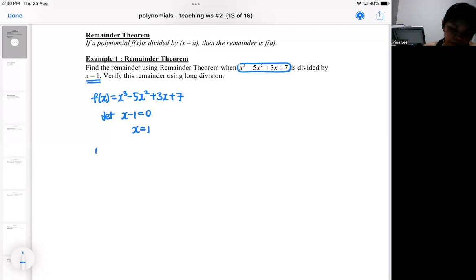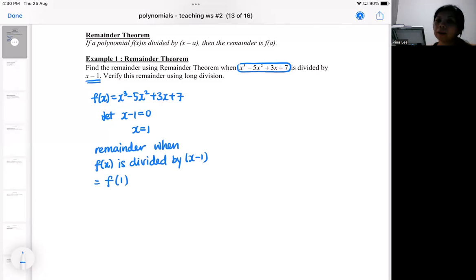So if you want the remainder when f(x) is divided by x minus 1, it will be f(1). What do we mean by f(1)? That means all the x are being changed to 1.